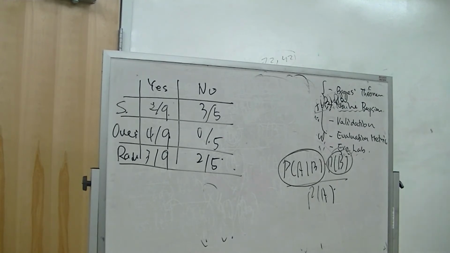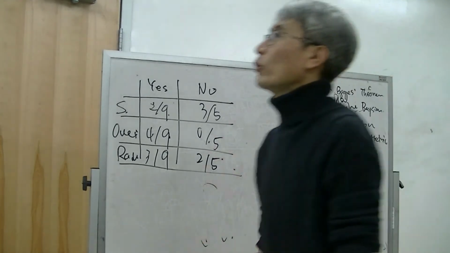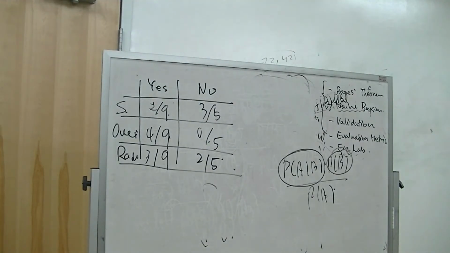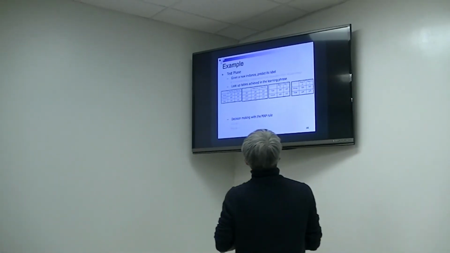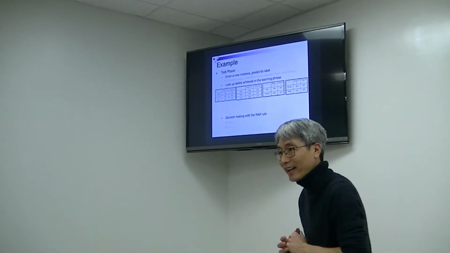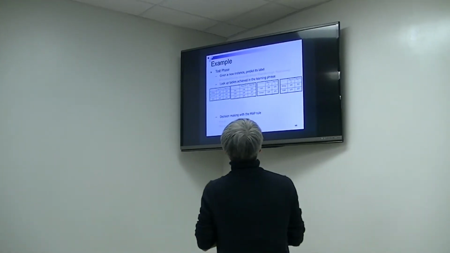So test input. If we have an input, can you read? Outlook is sunny. Okay, today's outlook is sunny. Why don't you write it down? Today's temperature is cool. Humidity level is high, and wind is strong.